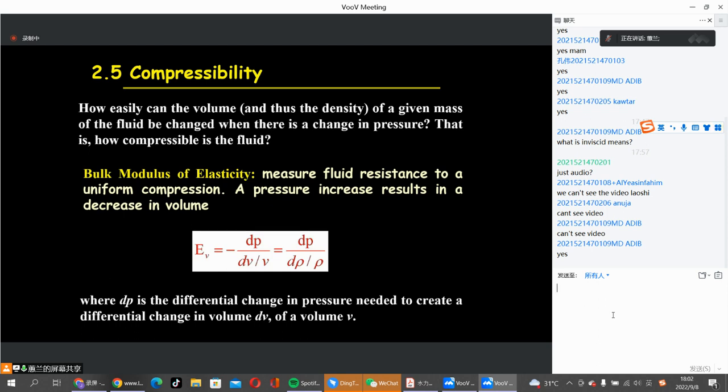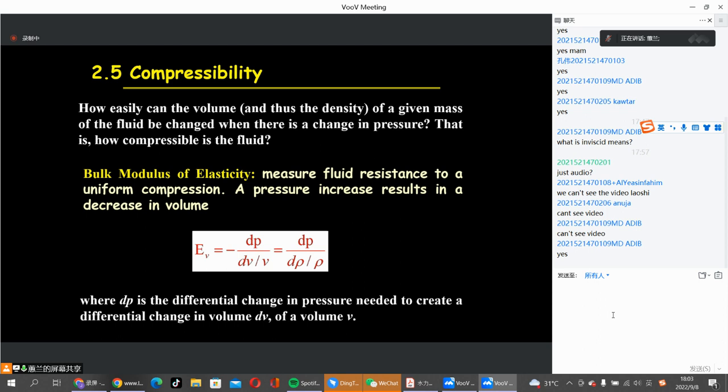The second thing you need to know is with the increase of temperature, the viscosity of liquid decreases while the viscosity of gas increases. Okay, and the third thing is not only dynamic viscosity, we also have kinematic viscosity, which is equal to dynamic viscosity divided by density.